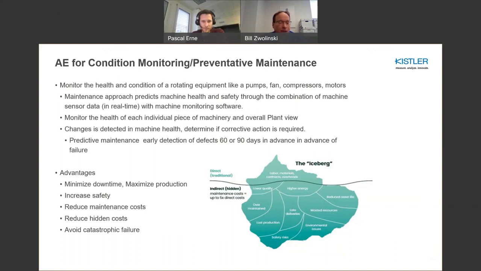The field of rotating equipment often is considered with condition monitoring. Certainly, pumps and fans and compressors and motors, all these have wear over time, and there's quite some cost involved if you don't detect problems in advance. And certainly the obvious conclusion is, oh well, you're not going to be producing materials.